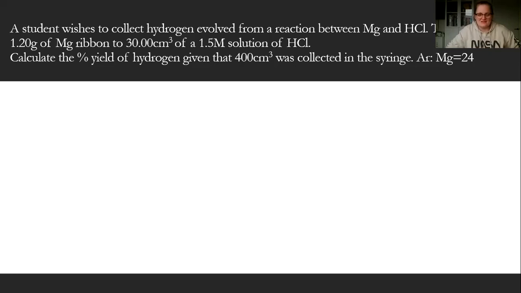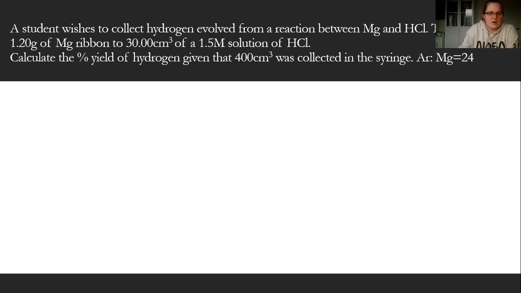So looking at that, we've got 1.2 grams of magnesium ribbon. Our percentage yield would be our actual yield divided by our theoretical yield. So to get to that point, we work it out as we go.